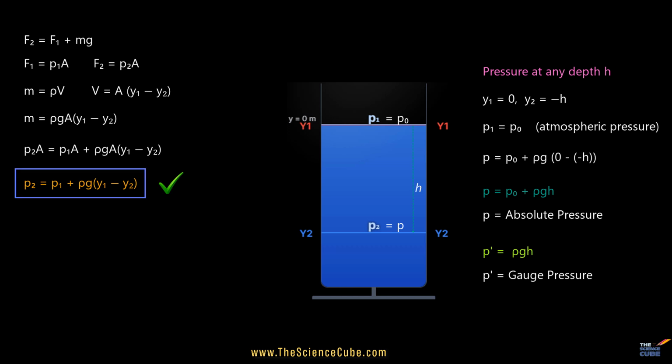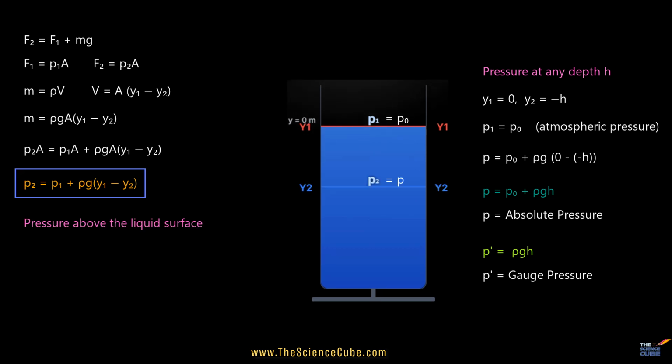Now, this equation can be used to establish pressure at any point above the liquid surface as well. As an example, if you want to know the atmospheric pressure at a distance d above this level, all we do is take y1 is equal to 0, p1 is equal to p0, and y2 is equal to d.